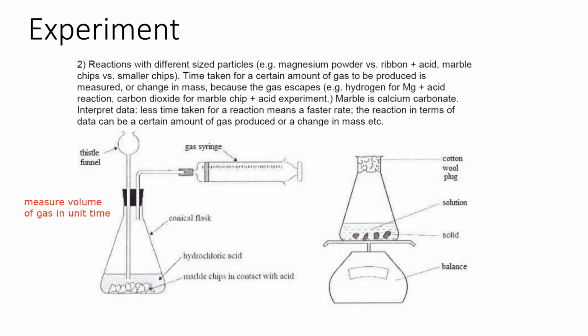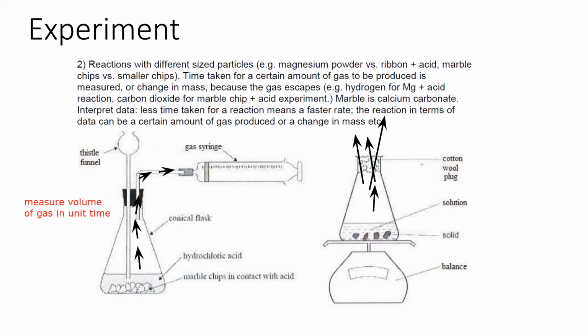And here, if a chemical reaction produces a gas, we place a cotton wool. When we place a cotton wool, it means we allow the gas to escape. What is the purpose of the cotton wool? The content of the flask should not escape, only the gas will pass through the cotton.